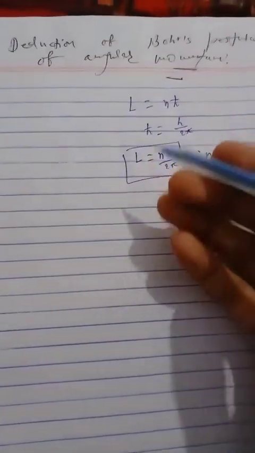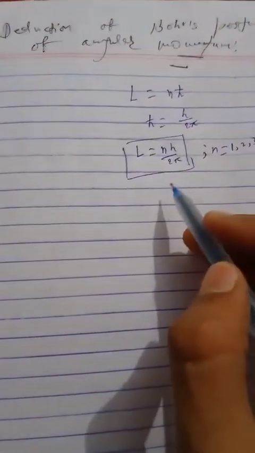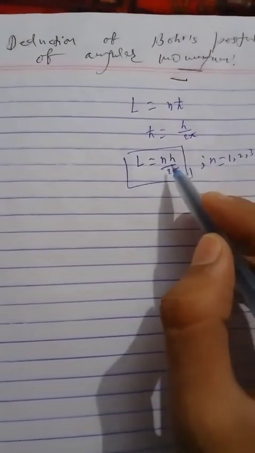So how can we deduce this formula? Bohr himself didn't deduce this formula, he just postulated it without even a mathematical proof.